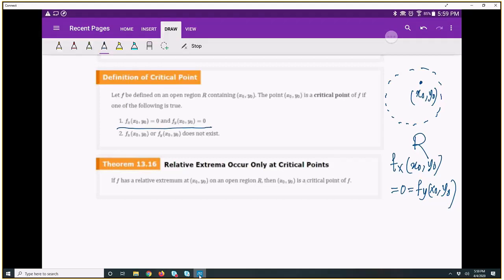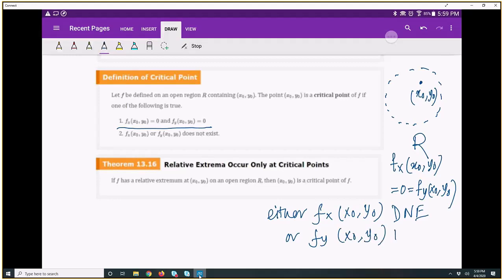Or if at least one of the first order partial derivatives fails, the second condition says that either fx at x0, y0 does not exist, or fy at the point x0, y0 does not exist. If one of these two happens, then the point x0, y0 is a critical point for my function.